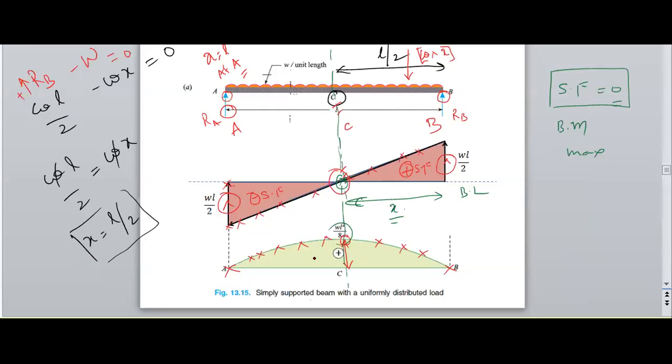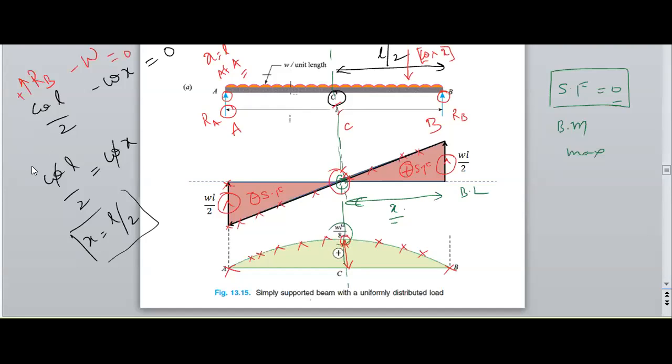Therefore, I need to draw the bending moment diagram as a parabolic curve by free hand, whose height is w L square by 8. So it is very important.